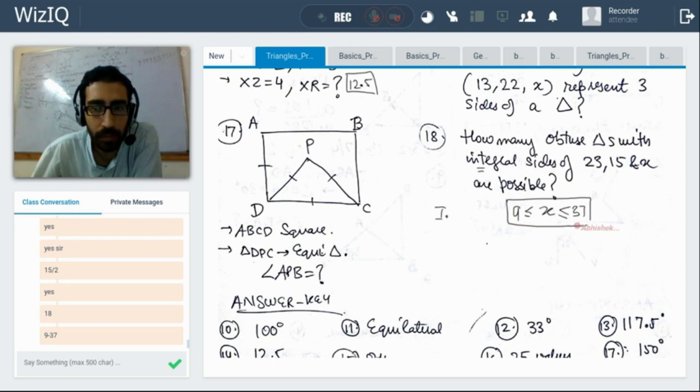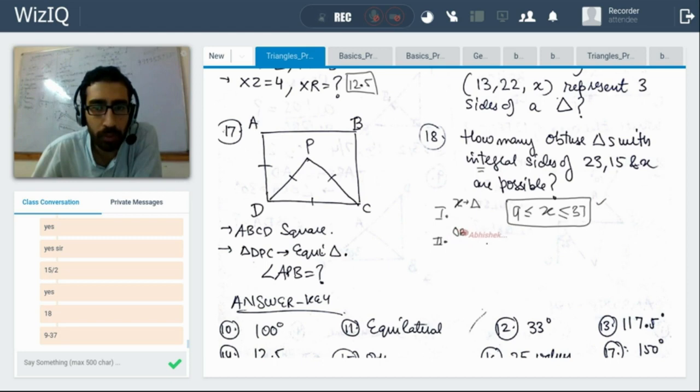Is that clear? This is step 1. Step 1 was just making sure that x gives me a triangle. Just to ensure that I can form a triangle with x, this is the limit 9 to 37.